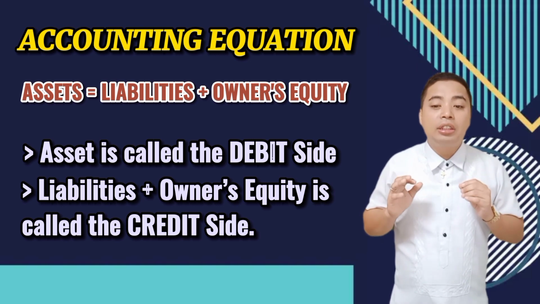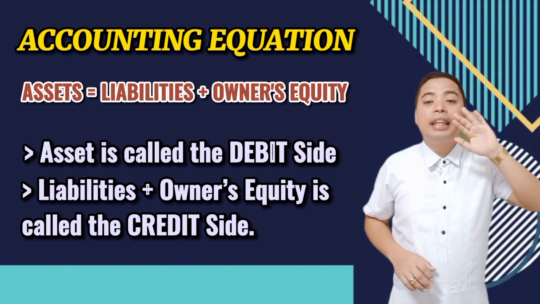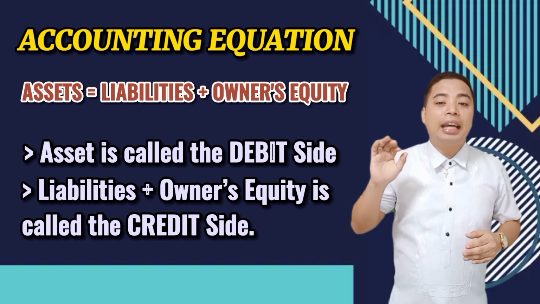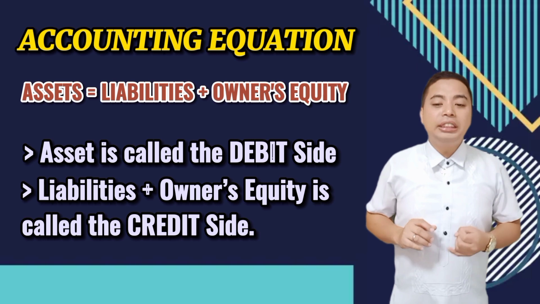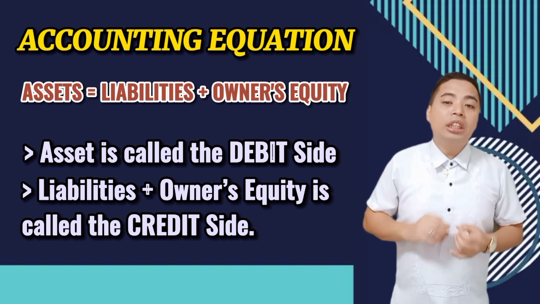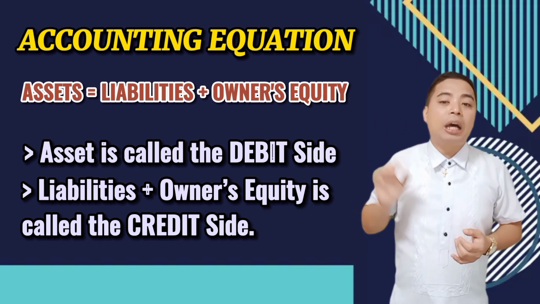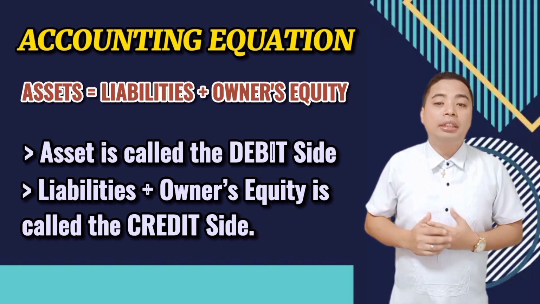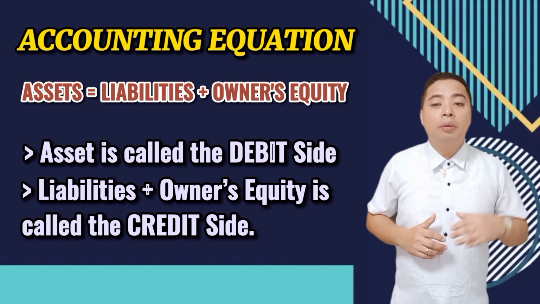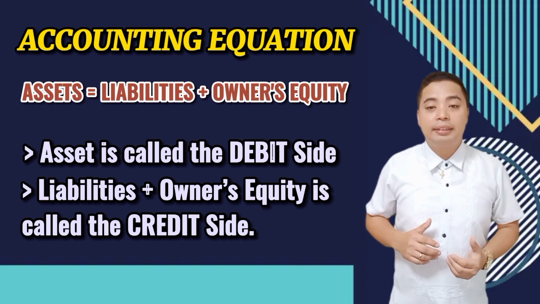So wag tayo malilito. Left side is the debit and the right side is the credit side. So we will use the principle of debit and credit on our next topic, which is about the rule of debit and credit in the T account. So I will discuss it later.